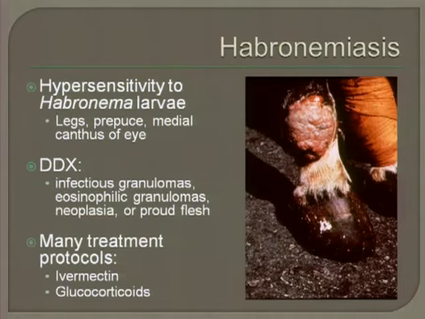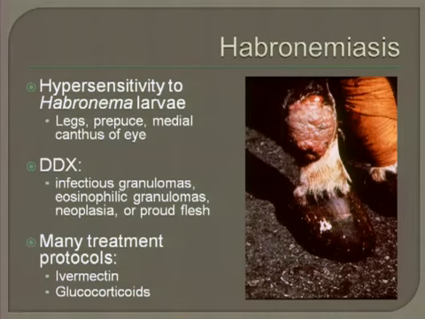These Habronema larvae are actually transmitted by flies. So basically the flies, when they feed on, or when they land on a part of the horse's body where there's maybe an open wound or any kind of exudate, that's when these larvae are deposited and then elicit this reaction.